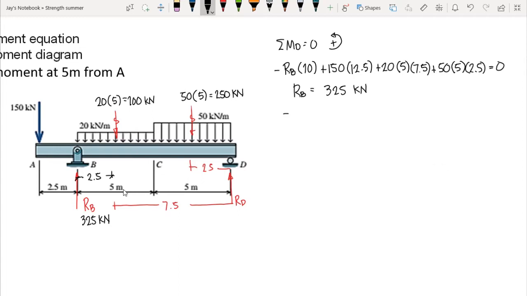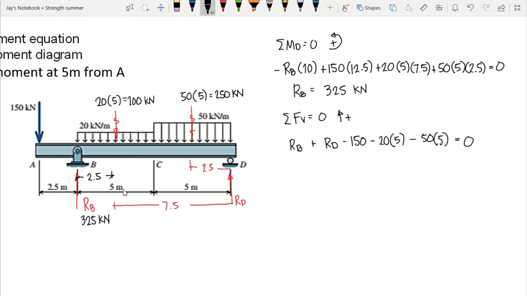Now we can compute the reaction at D by summation of vertical forces, and all the forces acting upward are positive. So we have the RB, that's positive, plus the reaction at D, minus 150 kilonewton, the concentrated load, minus the resultant of the uniform load of 20 kilonewton per meter, that is 20 times 5, minus the resultant of the uniform load of 50 kilonewton per meter, that is 50 times 5, equals 0.